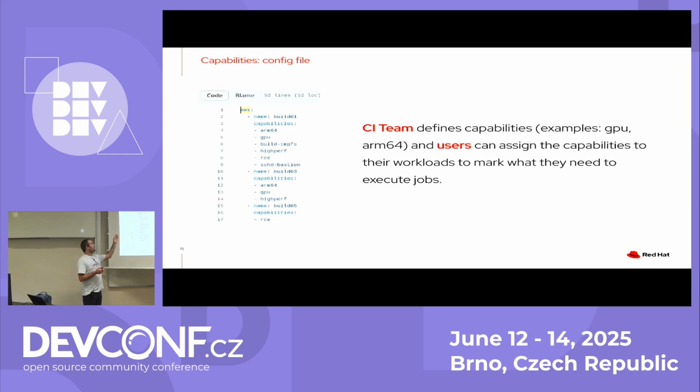For example, the cluster is build 1, and capabilities assigned to the clusters are ARM, GPU, build StemFS, high performance, and others. So we define those capabilities, and users can assign the capabilities to their workloads if needed. We work to develop more and more capabilities over time.